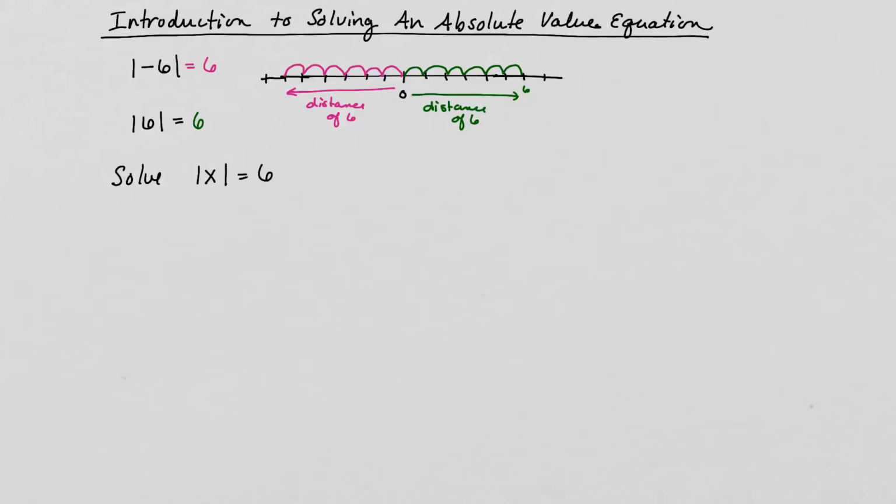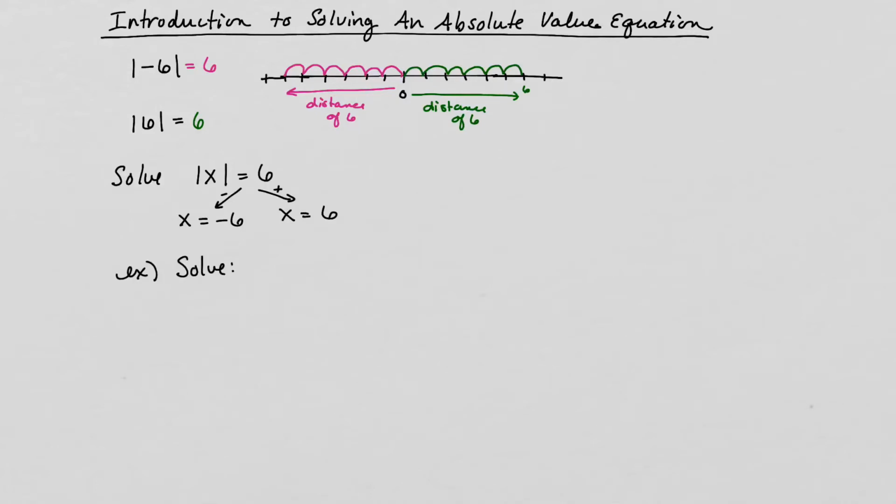So the answers here are x equals -6 and x equals +6. And so the way that I like to think about them is you end up with a negative case and a positive case. So every time you do an absolute value problem, you could have a negative number and a positive number.